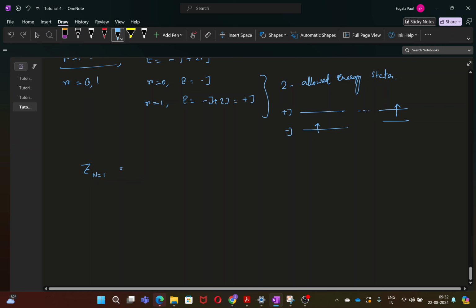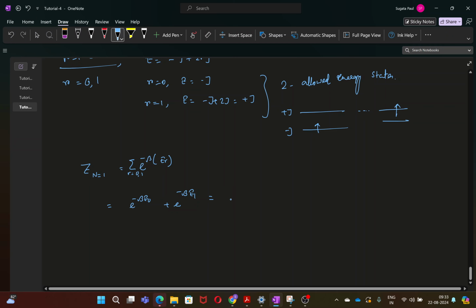Okay. So if you have to calculate the partition function for this N equal to 1 case, then Z for N equal to 1 equals the sum of e to the power of minus beta E_r, where r goes from 0 to 1. So it will be e to the power of minus beta E0 plus e to the power of minus beta E1.